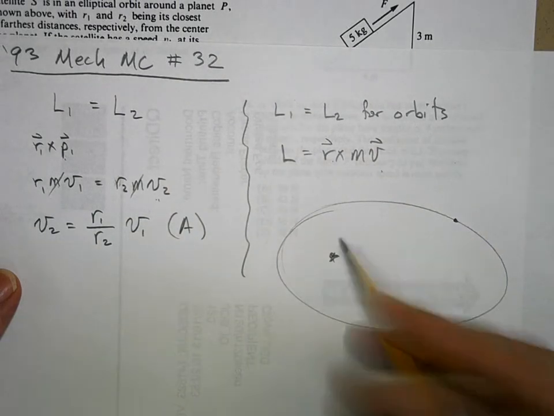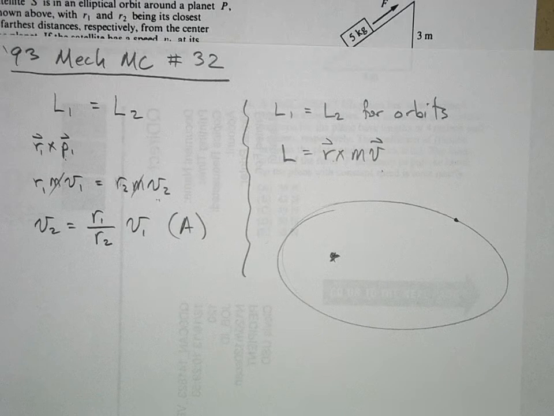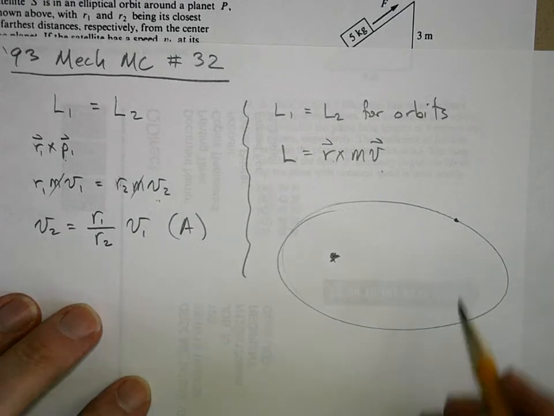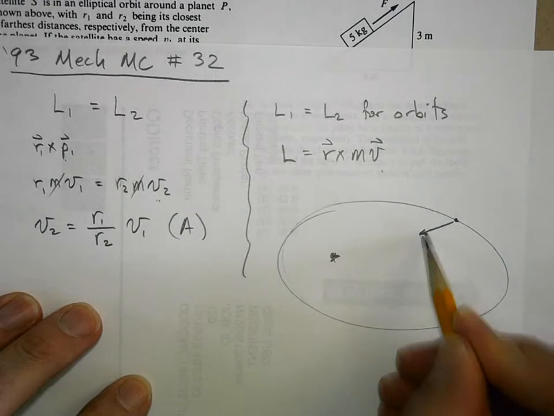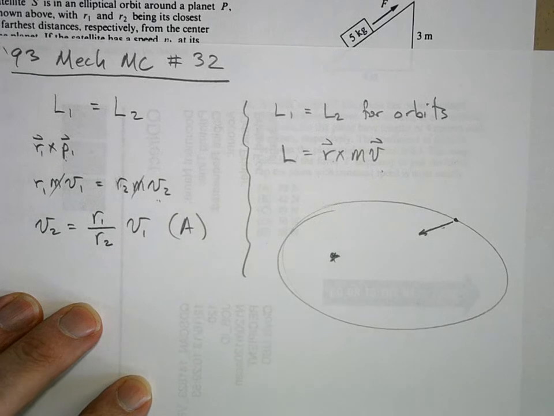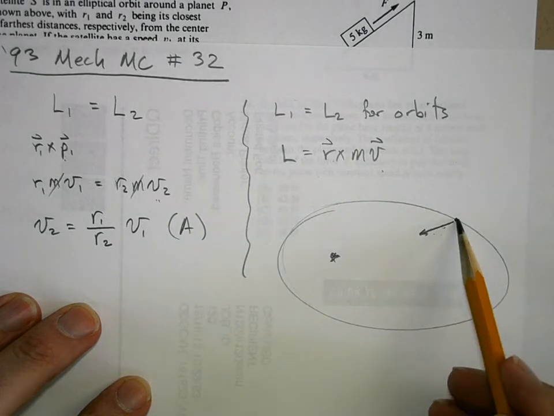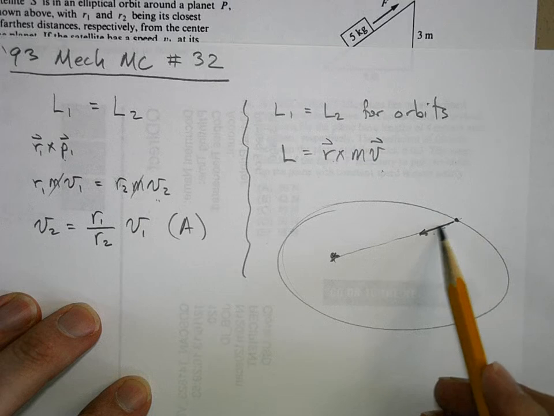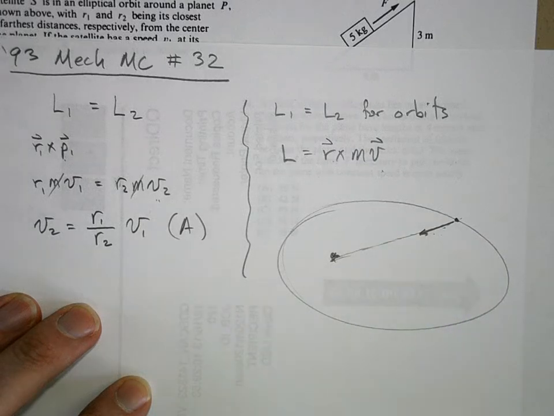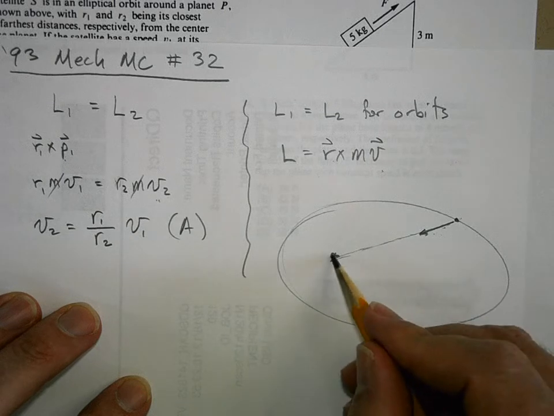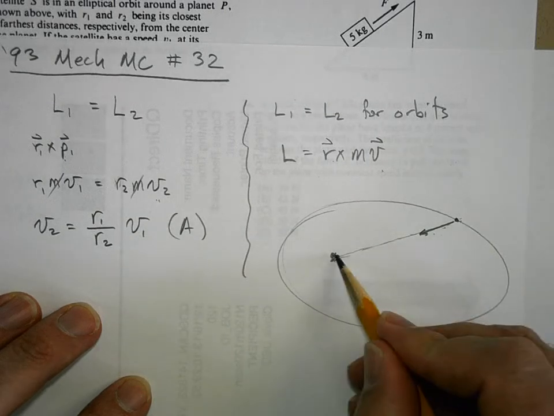Let's look at it some other place, and look at the force. Here is the force of gravity applied to the satellite. And it's a central force. That is, this force is pointing towards the center, towards the star.